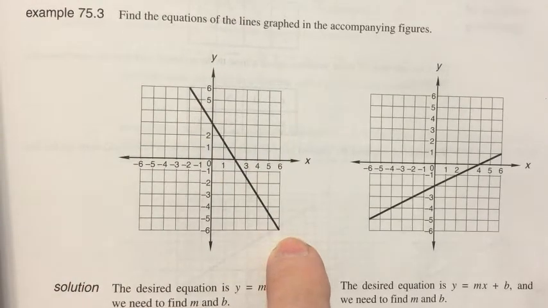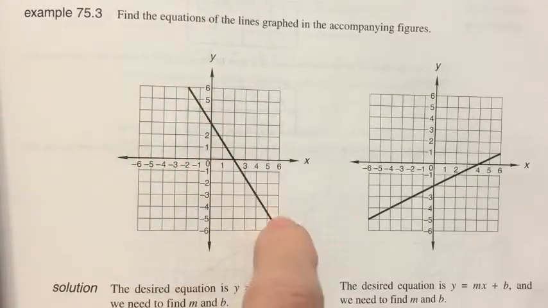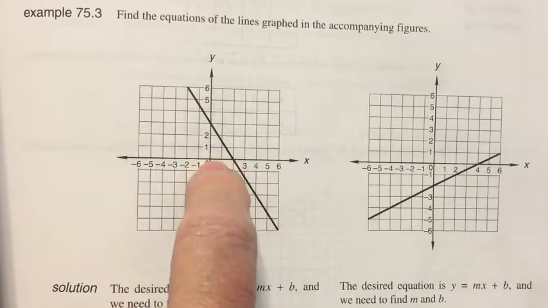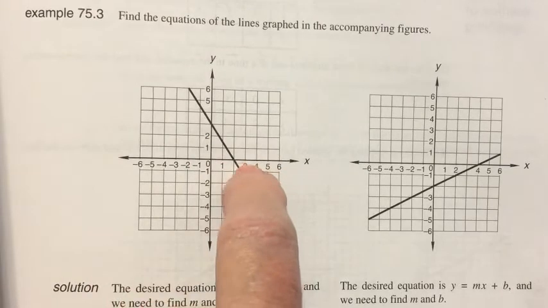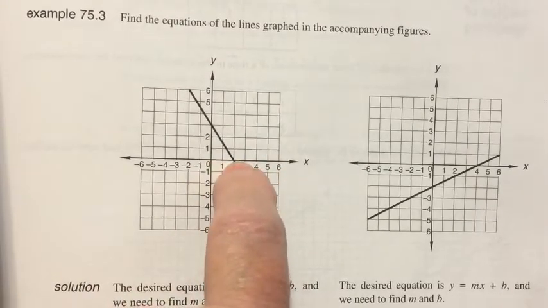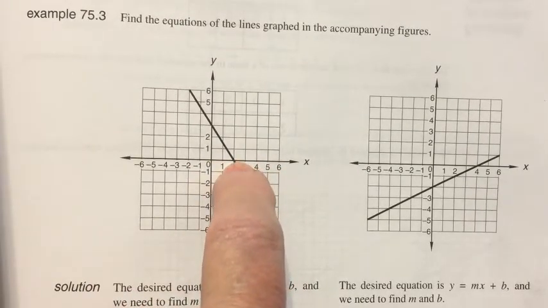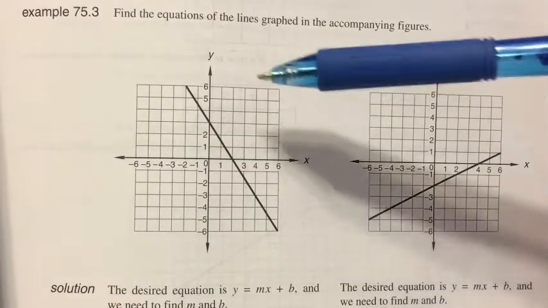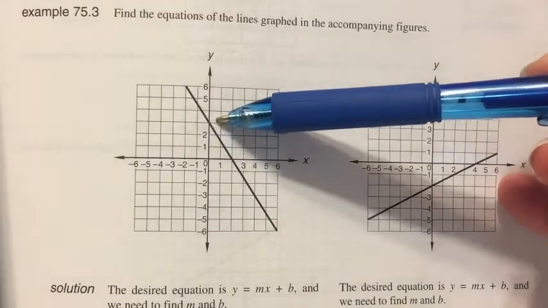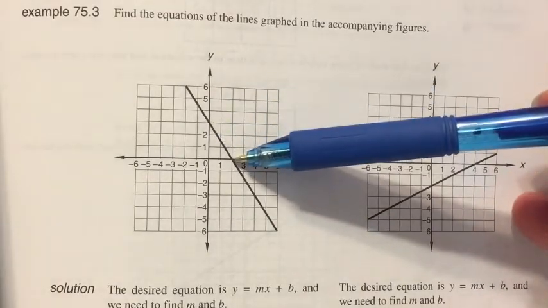If we pick a spot anywhere on this line, say 0, 3 would be 1 point, and what if we picked 2, 0 as another point? So in other words, I'm going to choose as my points 0, 3 and 2, 0.